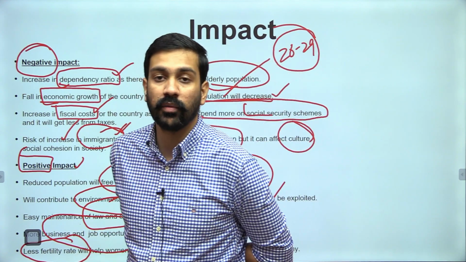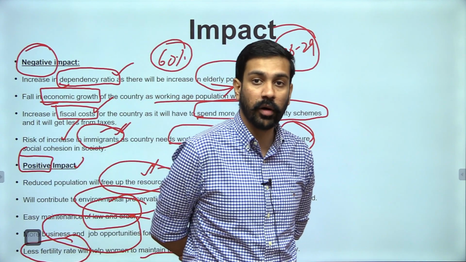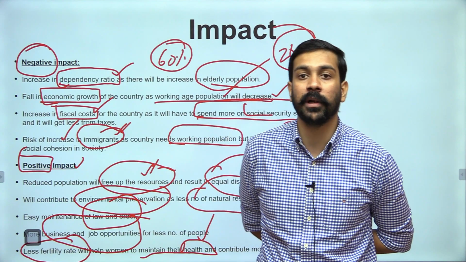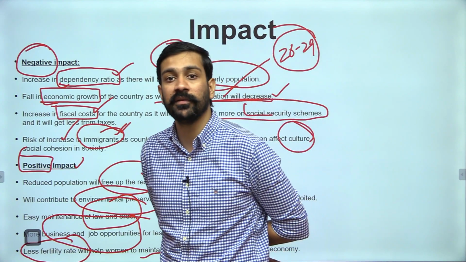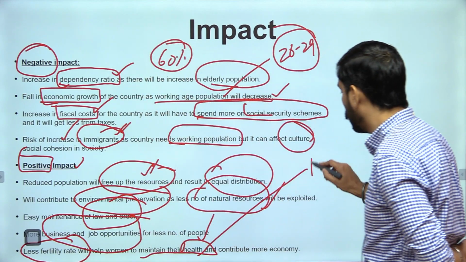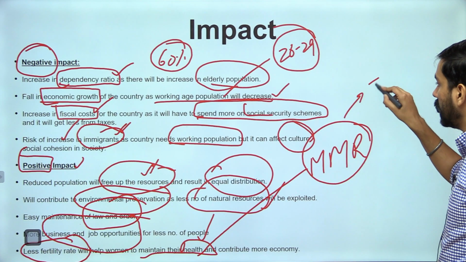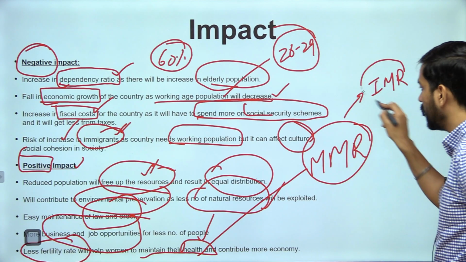What is happening in countries like India is that because of repeated pregnancies or because of an inadequate gap between the birth of two children, women are not able to maintain their health, due to which we have a high maternal mortality rate as well as a high infant mortality rate.